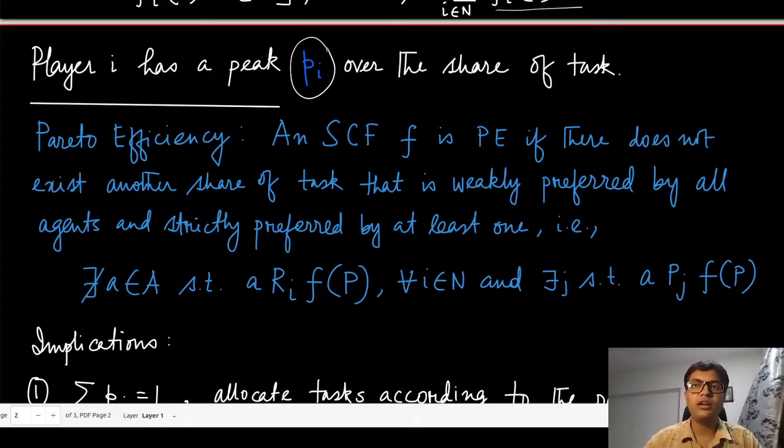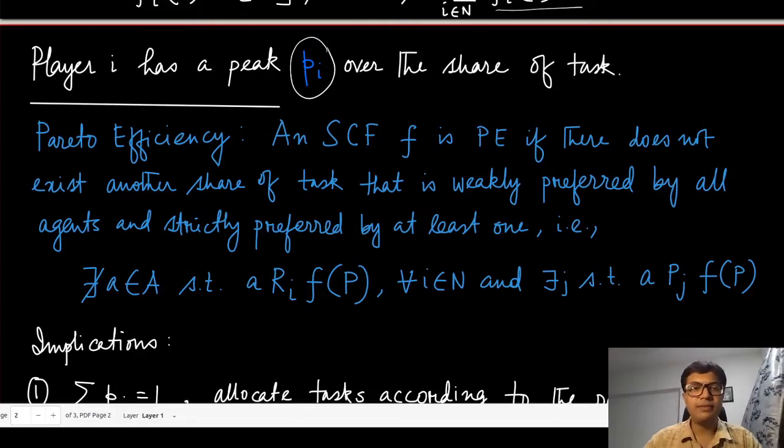Here the alternatives are essentially shares of tasks. So we'll have to look at a specific share of task where we can actually find another share of task which is weakly preferred, so all the agents prefer it at least as much as the current alternative, and one agent prefers it strictly better.